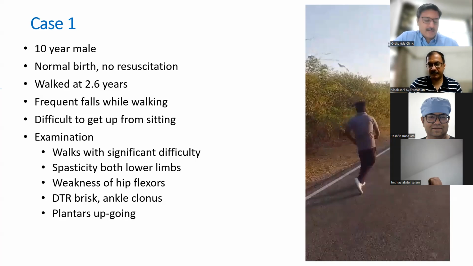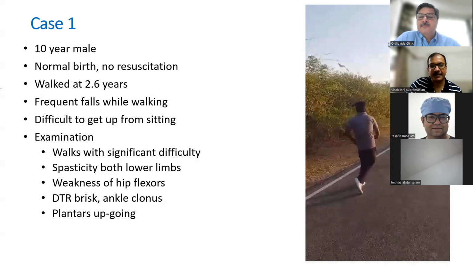Even in cerebral palsy we see the reflexes are brisk, and clonus we always see while we check the tendo-Achilles tightness. So I think the proximal muscle weakness gives us the clue. Anand, please take us through.